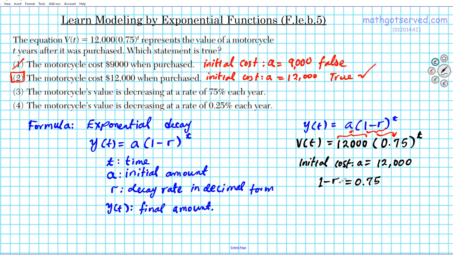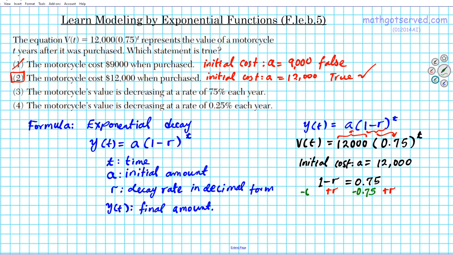All right, so let's solve it for r. We can add r to both sides, and then you can subtract 0.75 from both sides.